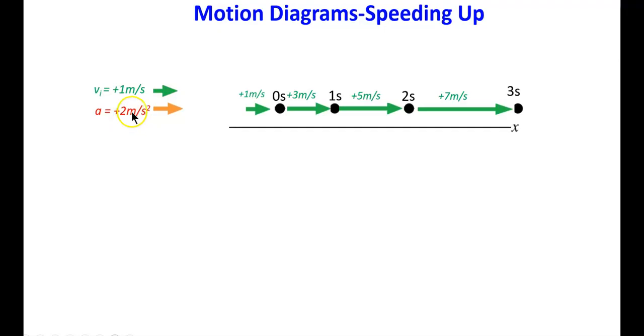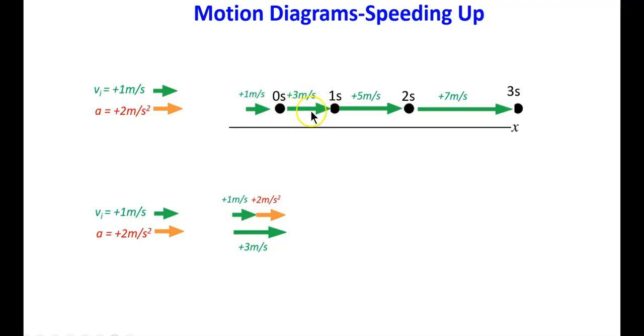Now, what acceleration is doing is adding a positive 2 meters per second to that initial velocity vector to create a new velocity vector. So it's adding a positive 2 meters per second velocity to your initial velocity vector and creating a new velocity vector of positive 3 meters per second.